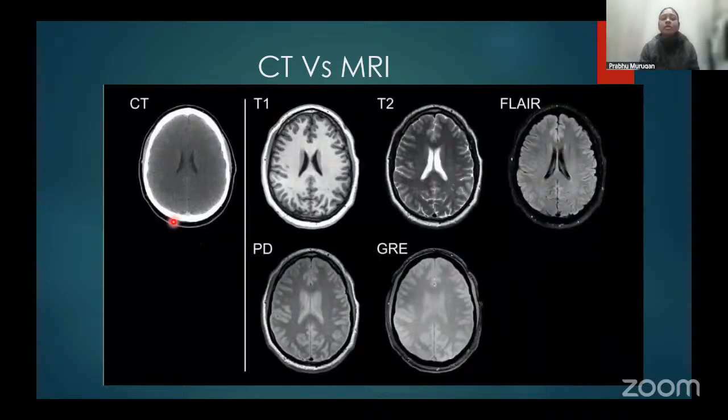So when it comes to your CT, the difference is soft tissue window and bony window. In case of your MRI, we call it sequencing. Okay, T1 sequence, T2 sequence, FLAIR sequence, and all that. So T1 sequence basically helps you to identify the normal structures. T2 sequence helps you to identify the pathology. This FLAIR sequence means fluid attenuated imaging.